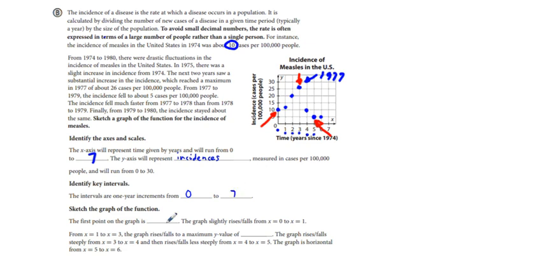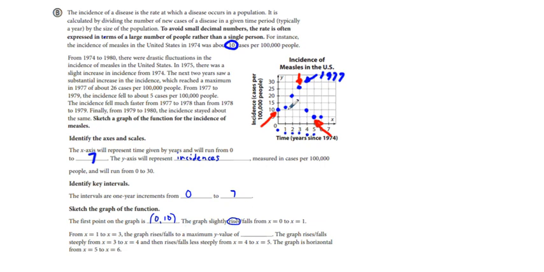The first point on the graph, it looks like it's (0, 10). The graph slightly rises or falls from x equals 0 to 1, so slightly rises. From x equals 1 to x equals 3, the graph rises or falls to a maximum y value.